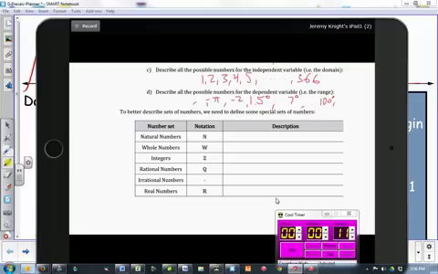I do think you're actually fractions and decimals. 1, 2, 3, 4, 5 are integers.